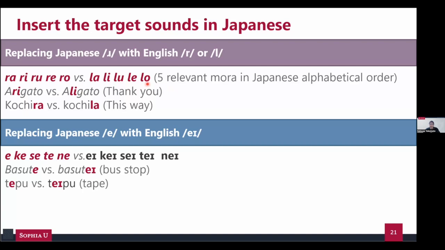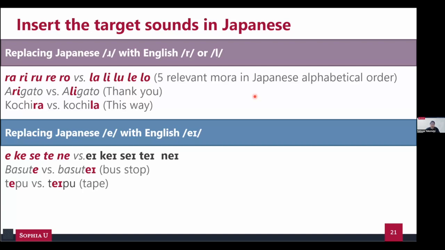Sorry, I'm losing my voice now. So ra, ri, ru, re, ro using English R instead of the Japanese ra, ri, ru, re, ro, or la, li, lu, le, lo instead of the Japanese ra, ri, ru, re, ro. And when they compare, the Japanese learners instantly get the different sounds. I mean, they can hear the difference. So they feel it's weird.